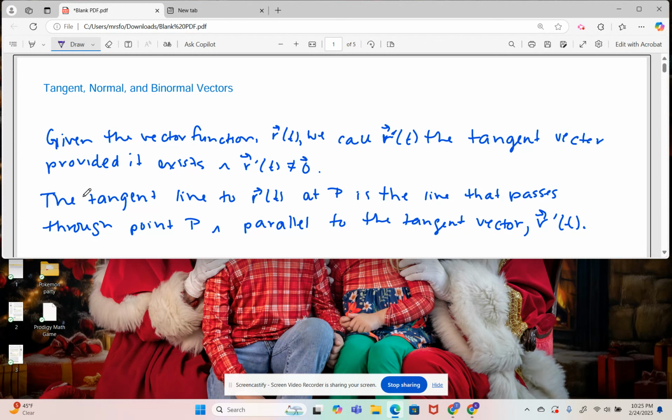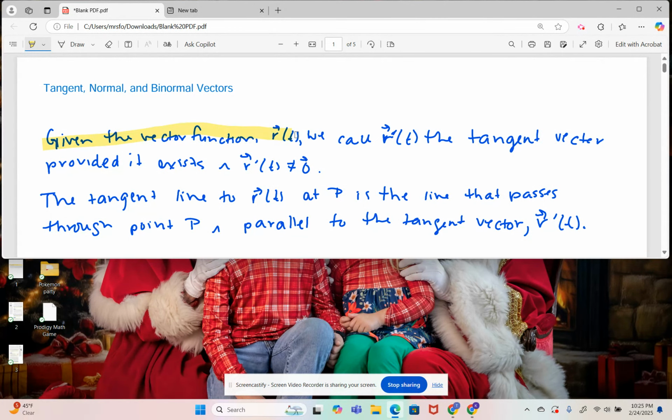Given the vector function r of t, we call the derivative r prime of t the tangent vector, provided that it exists and the derivative does not equal 0.